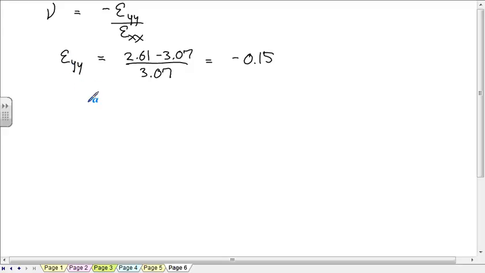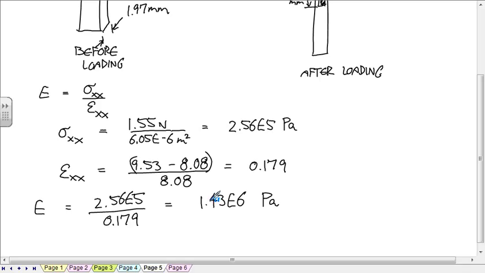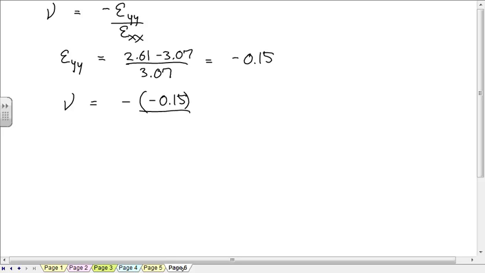So then Poisson's ratio is equal to negative 0.15 divided by the axial strain, 0.179. And so what do you get there? 0.838, which is outside of the allowable range.